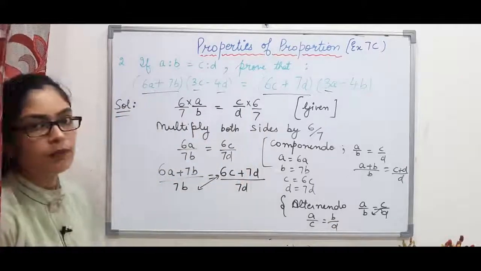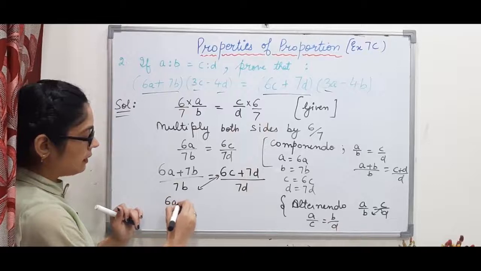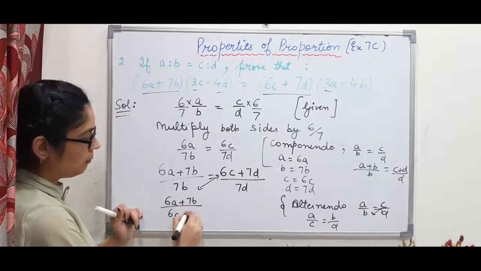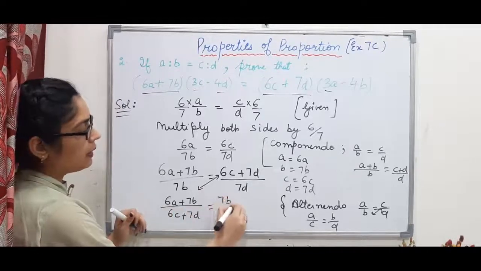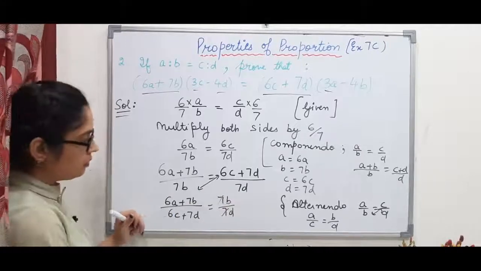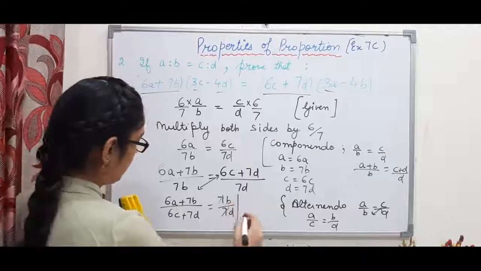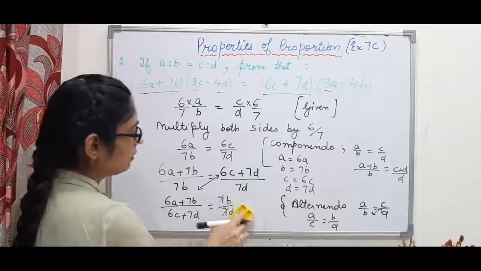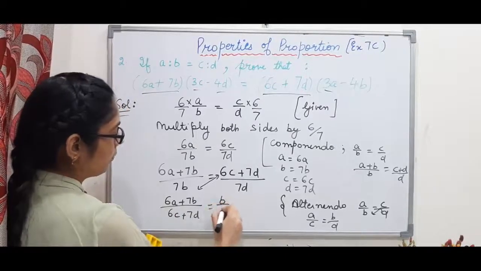So I will write 6a plus 7b by 6c plus 7d is equal to 7b by 7d. This 7 and 7 will get cancelled, so I will be left with only b by d.